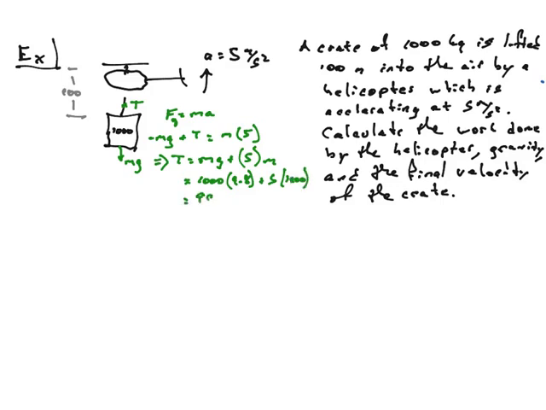So we get 9,800 plus 5,000. So we have 14,800 newtons. So that's the tension. That's the force which is lifting up on our crate.